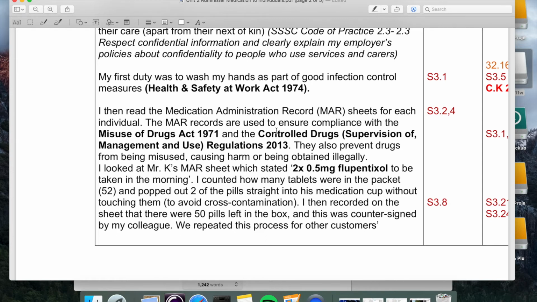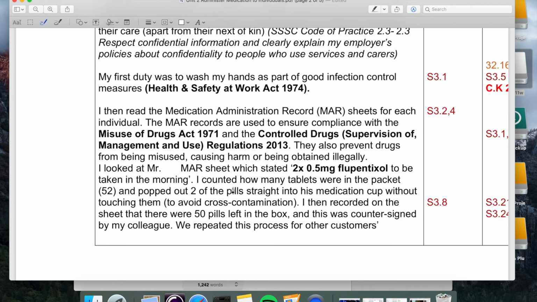They also prevent drugs from being misused, causing harm or being obtained illegally. Here you can add that I looked at Mr. So-and-so, put their initials, MAR sheet, which stated 20.5 milligrams of flupentixol to be taken in the morning.